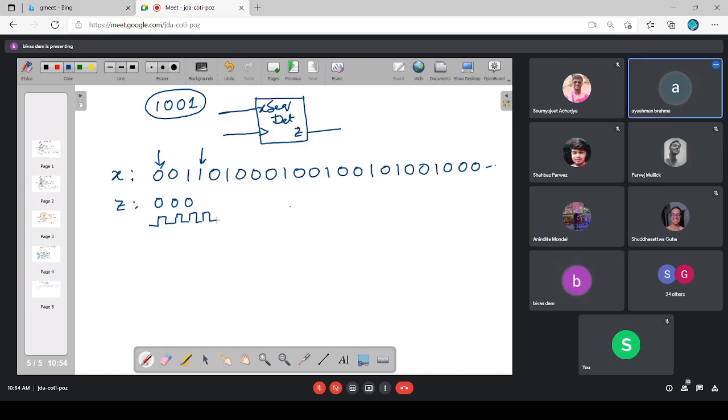At every time instant at the rising edge you are having one particular x, and do you have any prior idea about the next x bits? No, sir. Do you have the idea about the previous bits? Yes, sir. So you have the idea about the previous bits and the present bit.